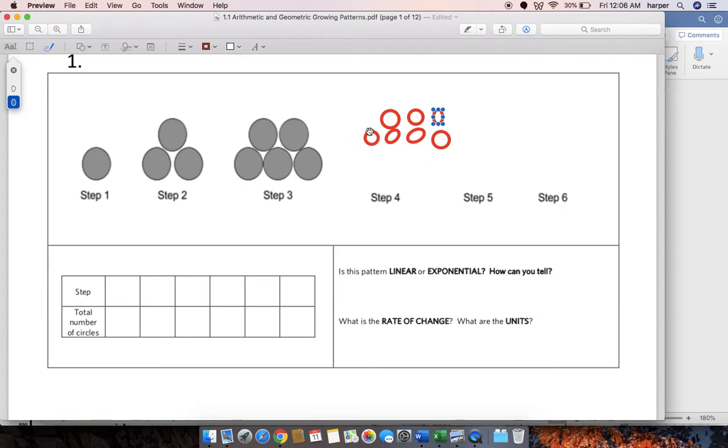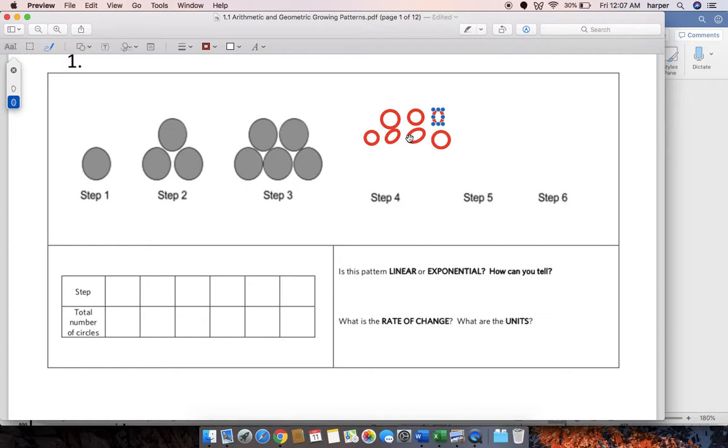The reason why I picked this is I noticed that from step 1 to step 2, I got given a top circle and a bottom circle, and that was my step 2. So I had added 2 pieces. And then from step 2 to step 3, we were also given a bottom and a top circle, which is just another 2 pieces.